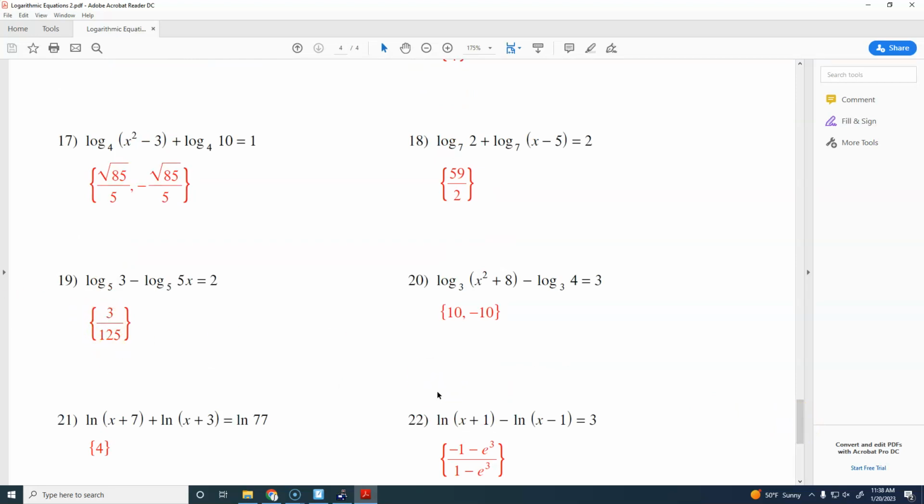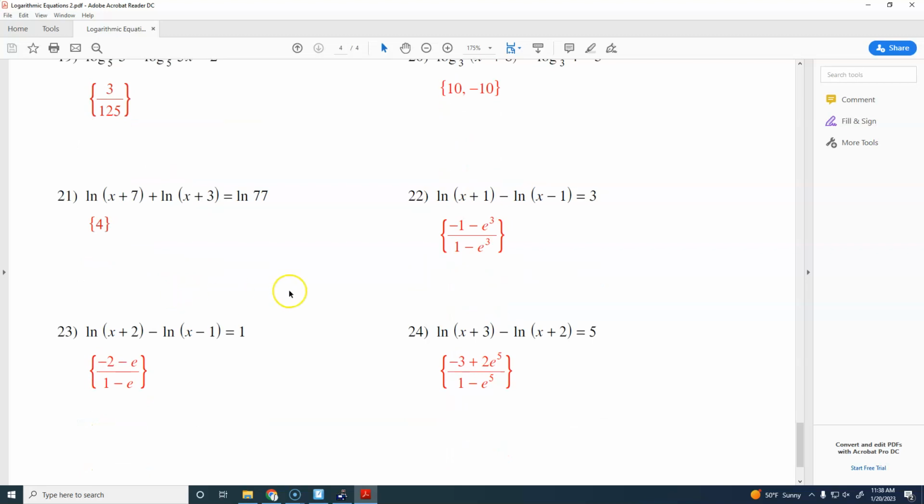What I would like for you to do on the worksheet is get both answers. You need to see that this is square root of 85 over, you can just type that in the calculator, make sure it matches your decimal. But on the quiz that we're going to have Monday, it is going to be on Canvas, and you're going to enter all of your answers as decimals.